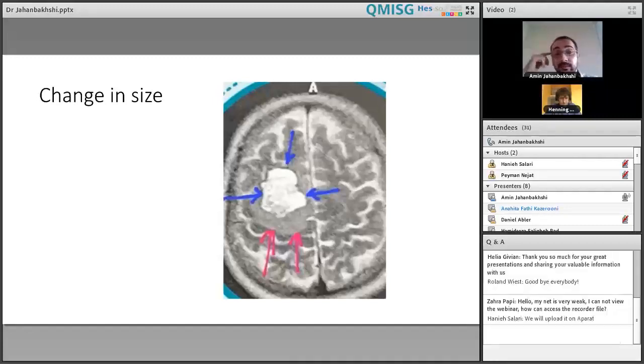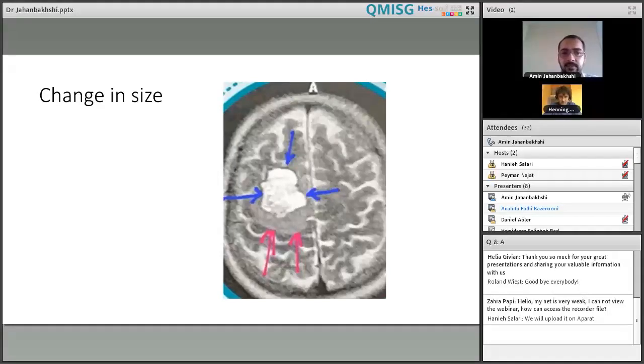For example, this is a woman, around 40 years old. I operated on her for a glioma on the right frontal lobe in front of the motor cortex. We performed electrocorticography and neuromonitoring intraoperatively, avoiding the motor cortex.